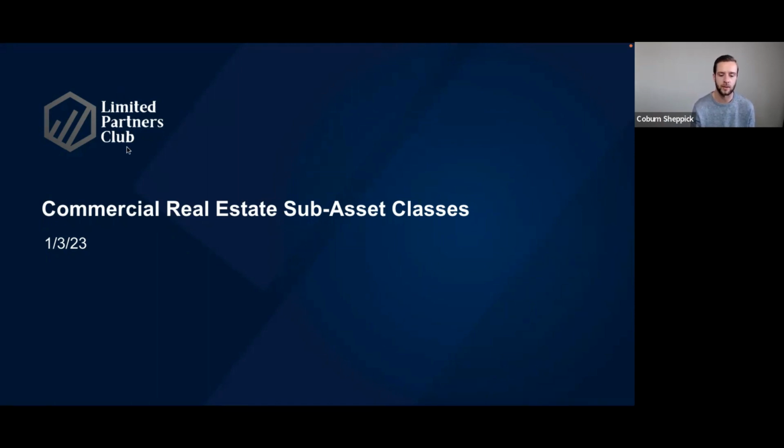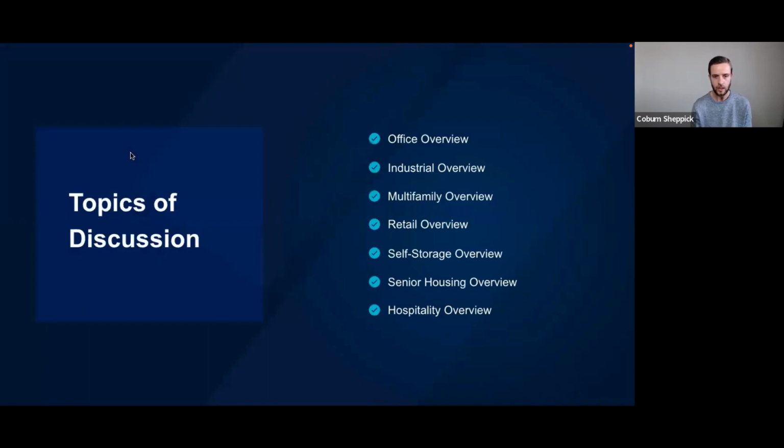Some of the topics that we're going to be covering, and these are a lot, most would break this down into a smaller list. If you're looking at the screen, we've broadened the list a little bit. Within each of these sub-asset classes, there are many different types, sectors, and property types.